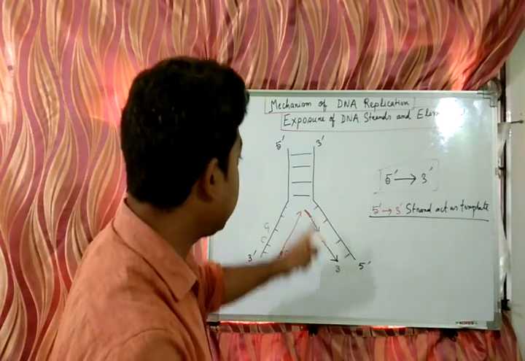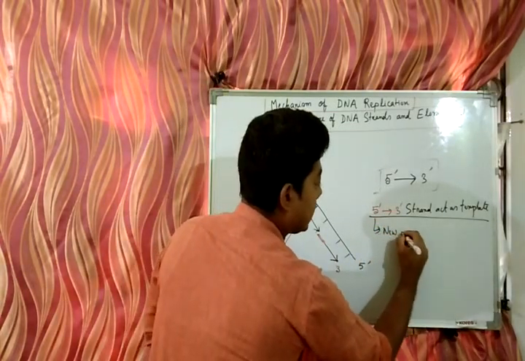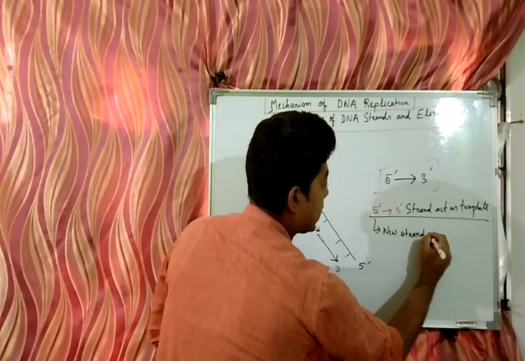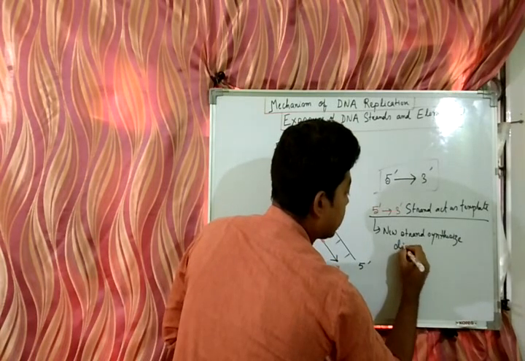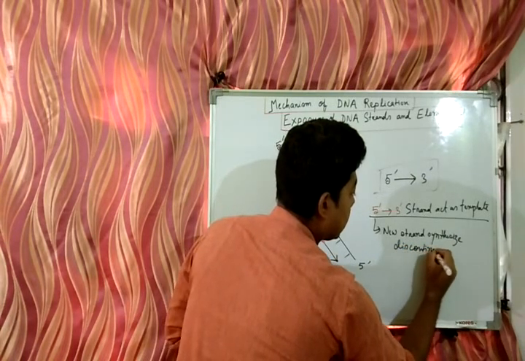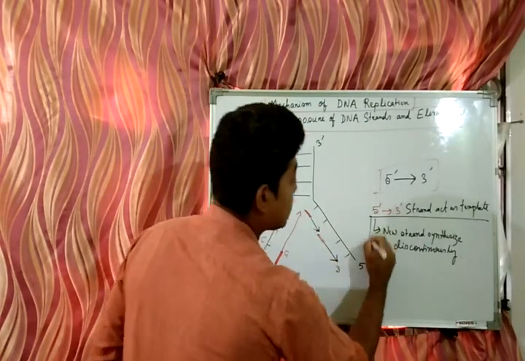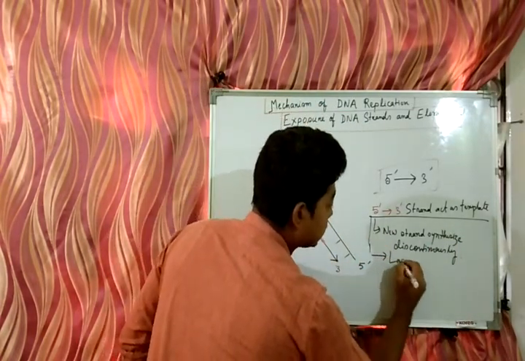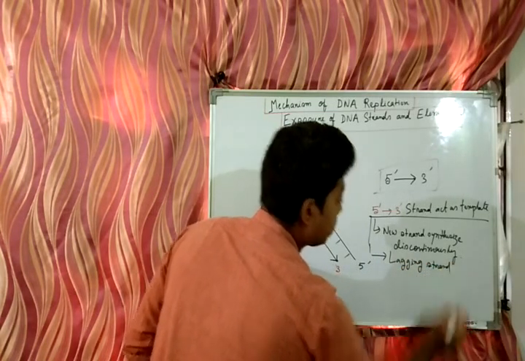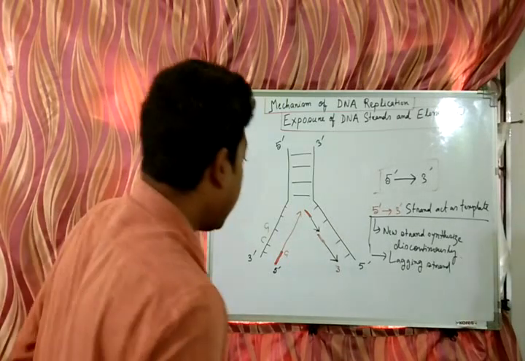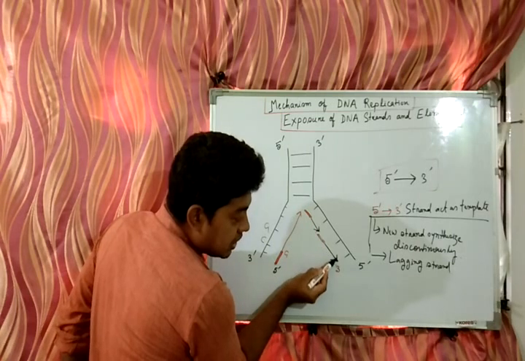Then the new strand is synthesized discontinuously, and that strand is also called the lagging strand. These pieces are the DNA fragments.